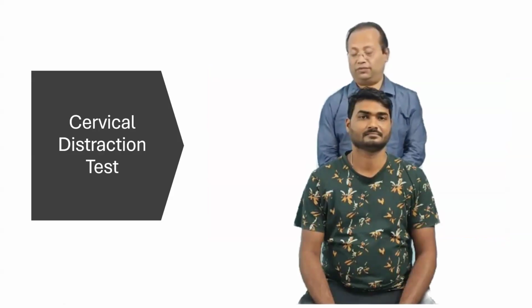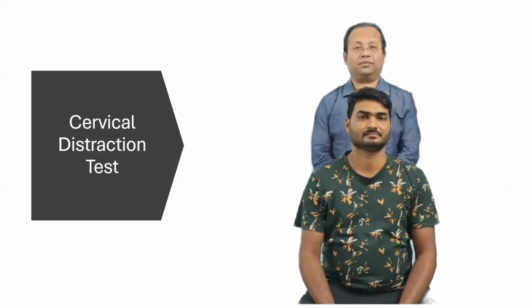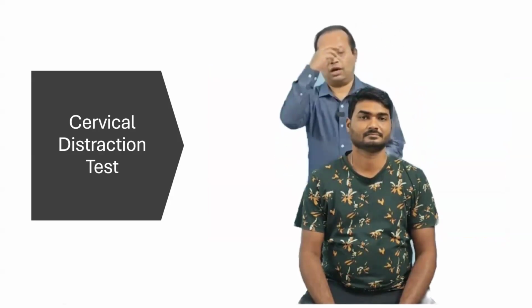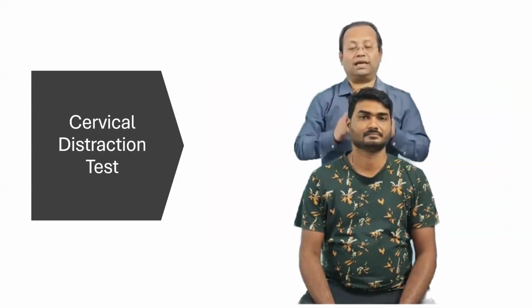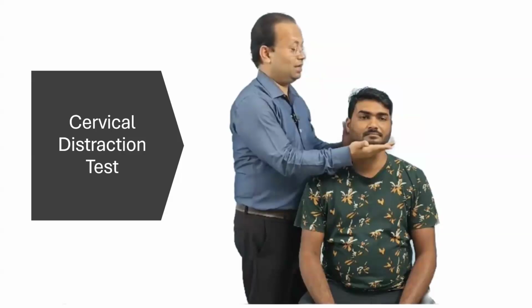This is also a test for cervical radiculopathy. If this test relieves the patient's pain, then it is diagnosed that the patient has foraminal compression or radicular pain. How is the test done? The patient's head is neutral here, and I put one hand under the chin and the other hand under the occiput, and I pull upward so that there is a distraction at the cervical spine level, and at the cervical foraminal level also.